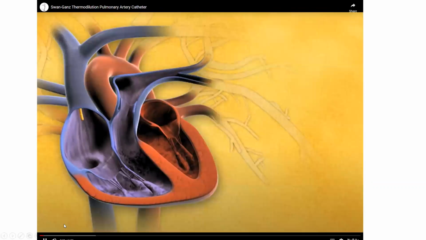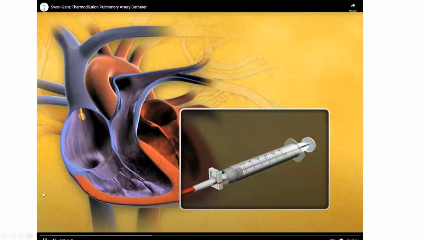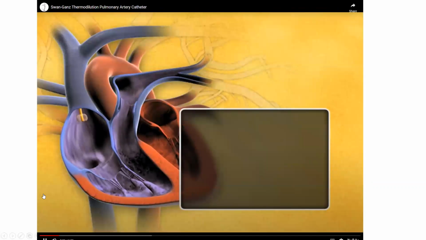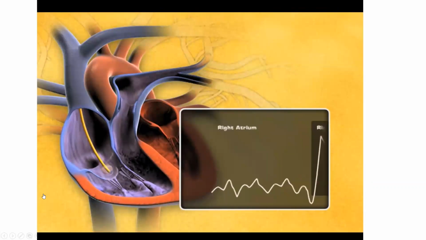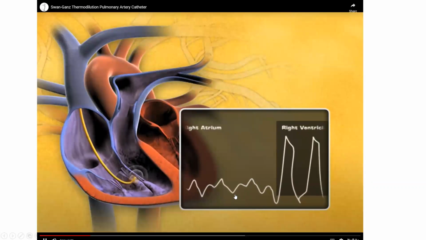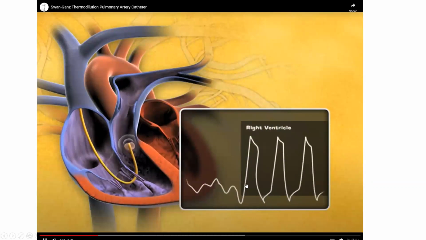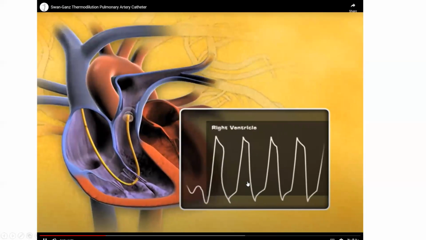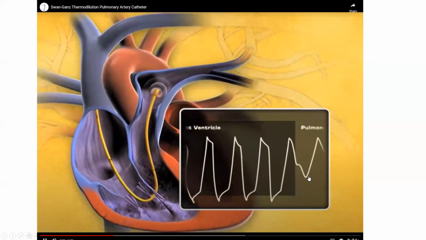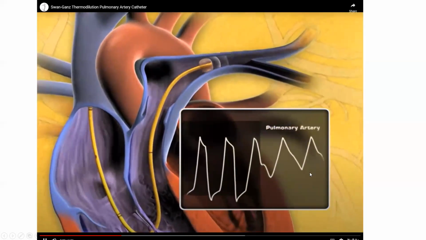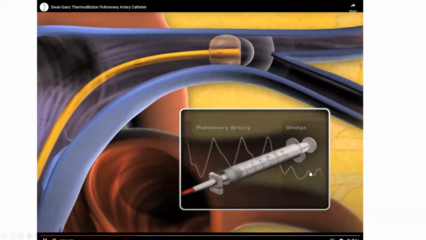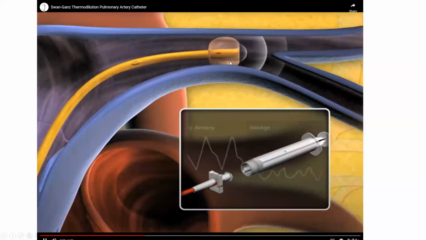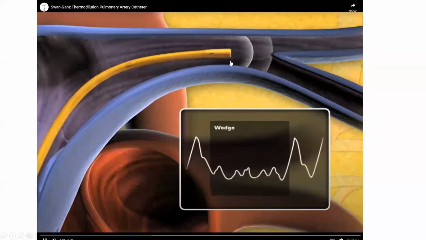As the catheter is inserted into the mouth of the right atrium, you notice now that we inflate the balloon and now it is going to propel itself through the tricuspid valve. You could see the right ventricle and then the pulmonary artery. Once it goes into the pulmonary artery, it now is going to lodge into a small tributary, and this would be called the pulmonary artery capillary wedge pressure.